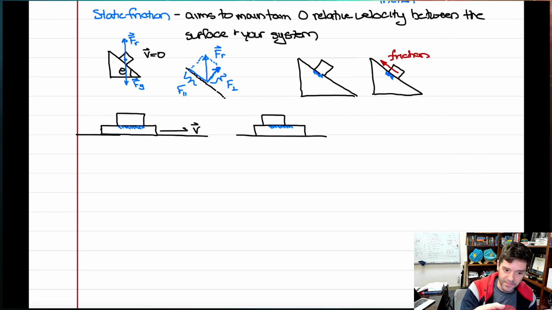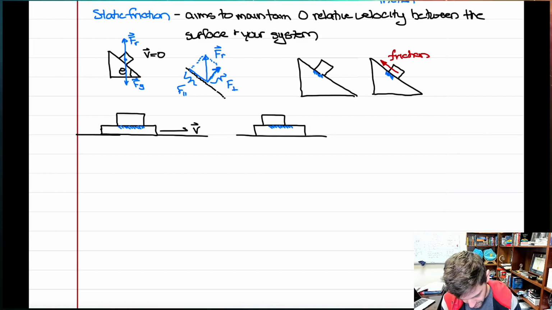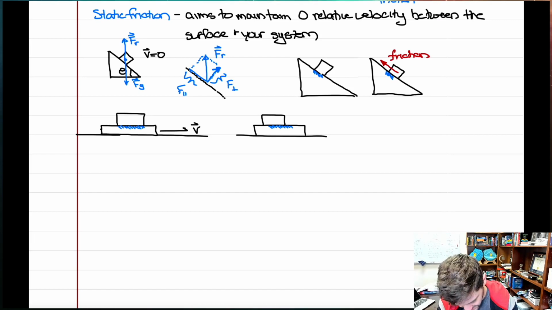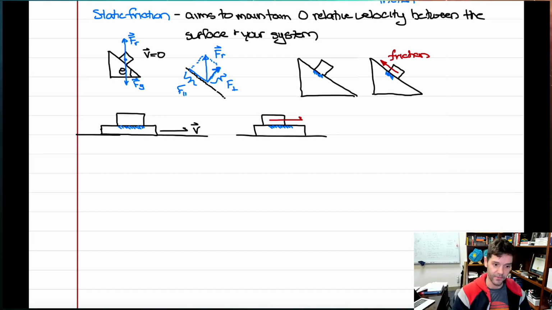It would stay perfectly stationary while the bottom object moved to the right. Friction wants to eliminate that relative motion and bring the thing back to being directly above my paint. So friction better point in the right direction in this particular case. Friction is what makes the top object move to the right.